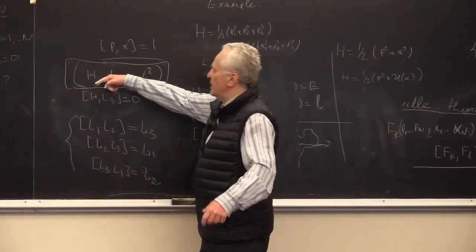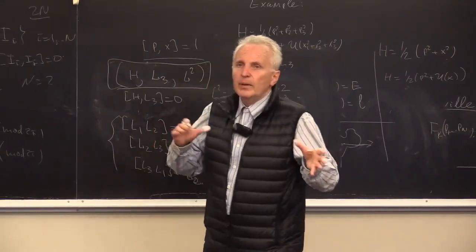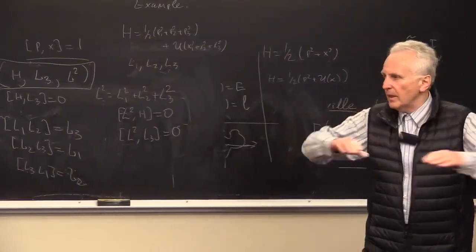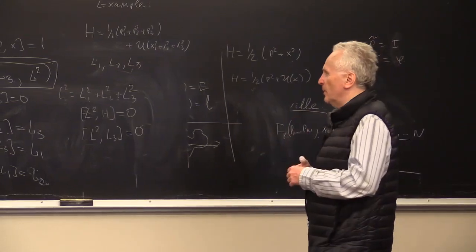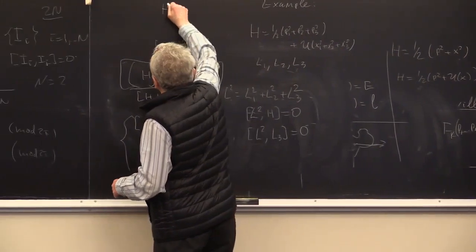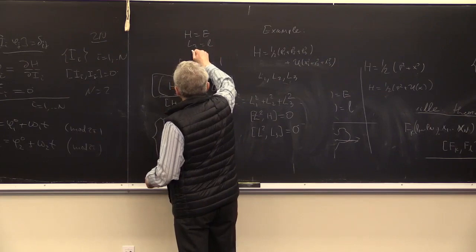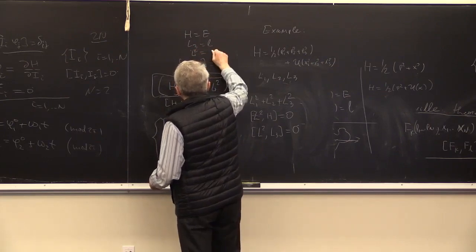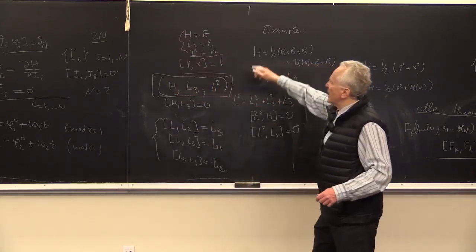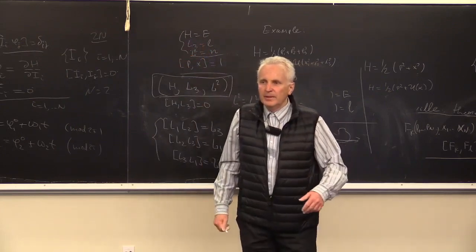You say H is E, L3 is L, L squared is, I don't know, N. These are numbers, and these are functions of P and X in six-dimensional phase space.